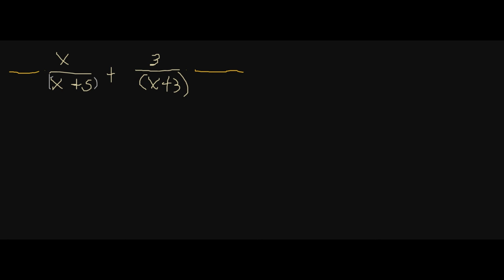Okay, well, over here, I'm going to have to multiply x plus 5 to both sides. And over here, I'm going to have to multiply x plus 5 to both sides. And over here, I'll have to multiply x plus 3 and x plus 3. Okay.